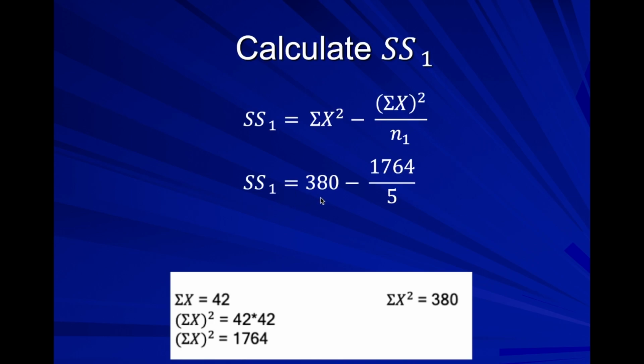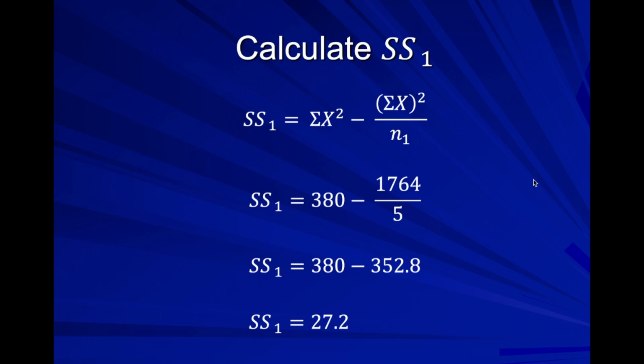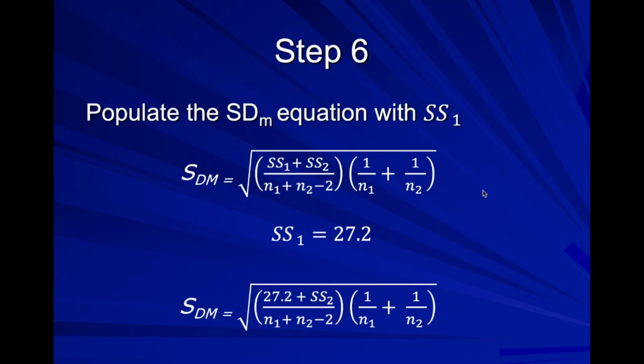So 380 minus 1764 divided by 5, and you end up getting 27.2. Take a look at this math, how I got there. If you have any questions about this, make sure to bring them to my attention through either an email or the Google Doc or anything.